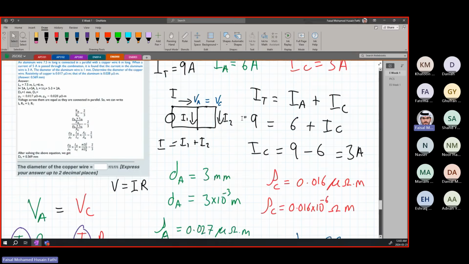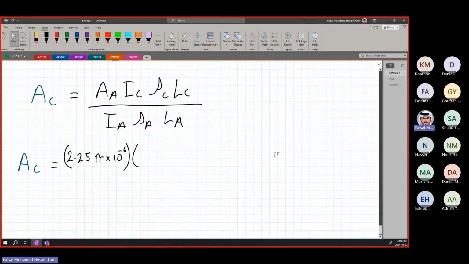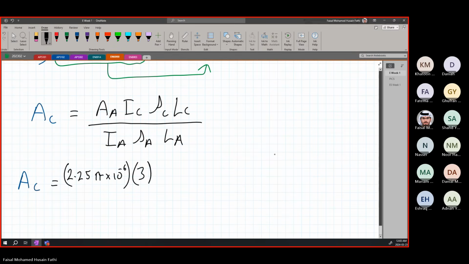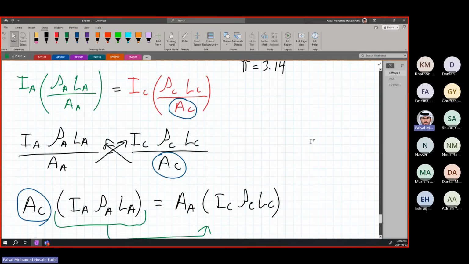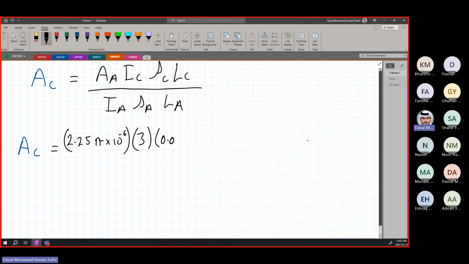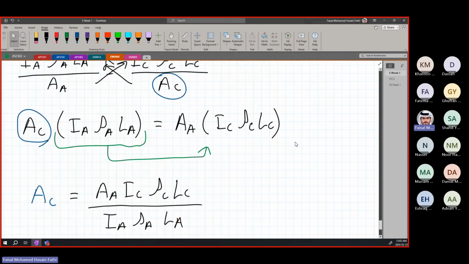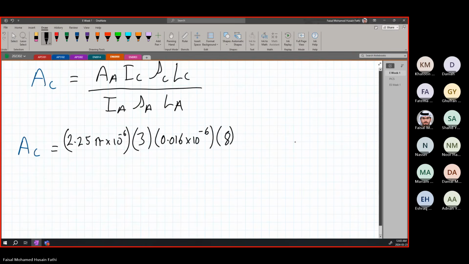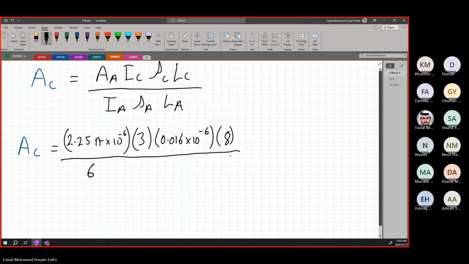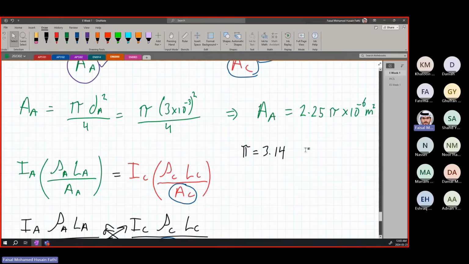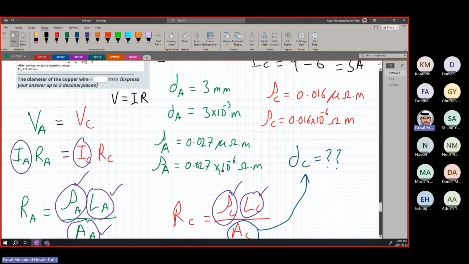IC we found earlier was 3 amps. Rho C was 0.016 times 10 to the minus 6. And LC, at the very beginning, was 8 meters. All divided by IA. IA was 6. Rho A was 0.027.